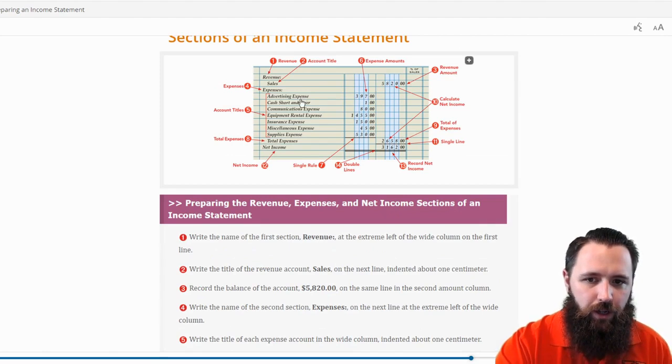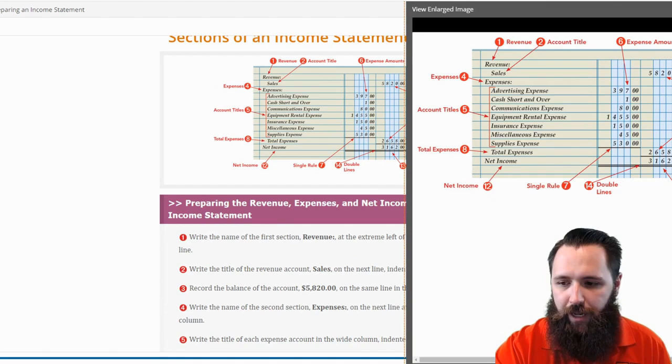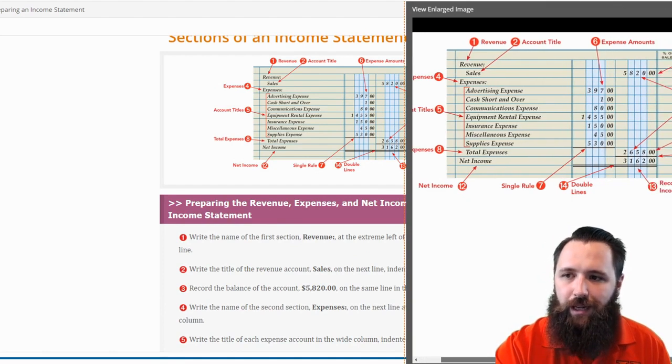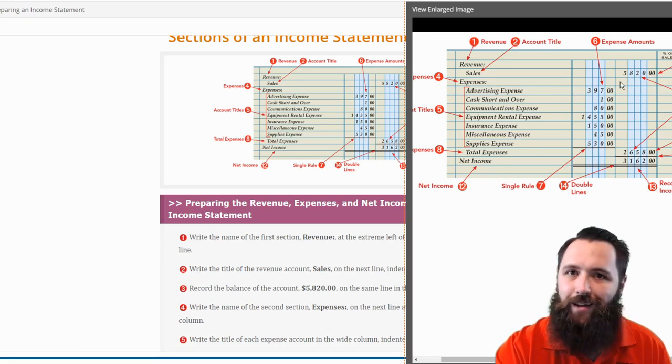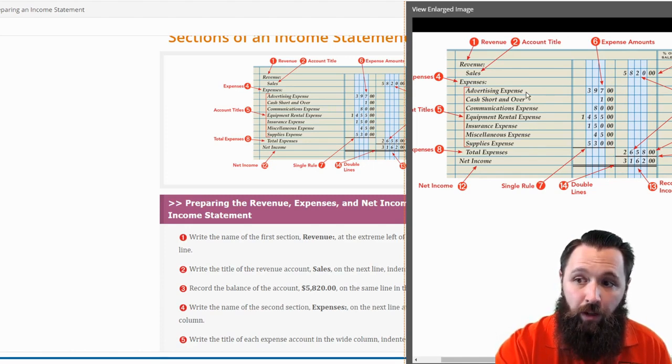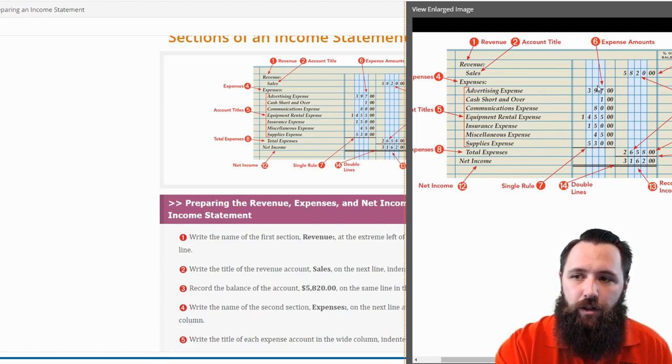To me, it looks like it's going to be alphabetical. You know, sometimes the book does different things with this, so I just want to make sure. So we're going to list out all of our expenses. And once again, look at expenses. Is there anything written across on expenses? Nothing, right? So you're just leaving that blank. But then we're going to list out all of our expenses. These should be in the same order that's on the worksheet, right? So we list them all out.